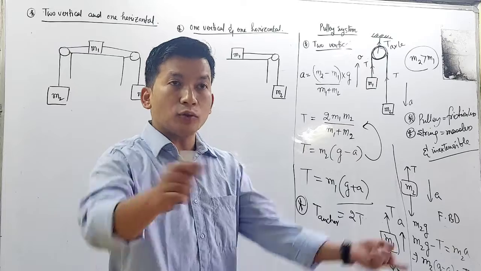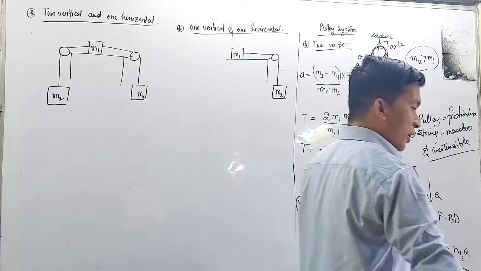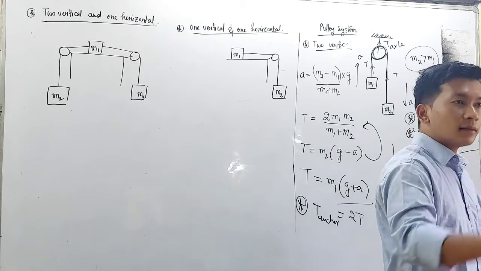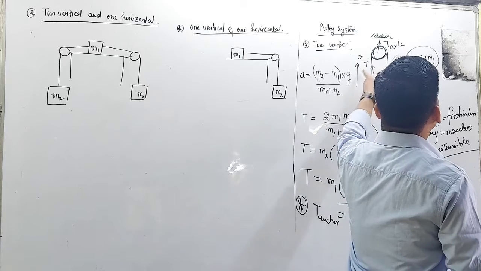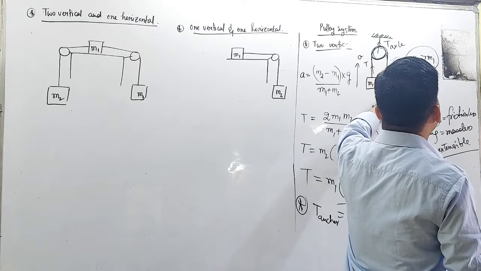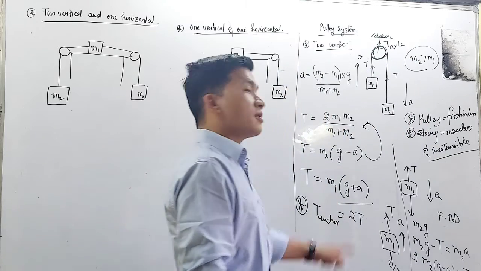You are holding 2 buckets on either side of your hand, 2 kg and 2 kg. Both these tensions will be supported by your anchoring tension.